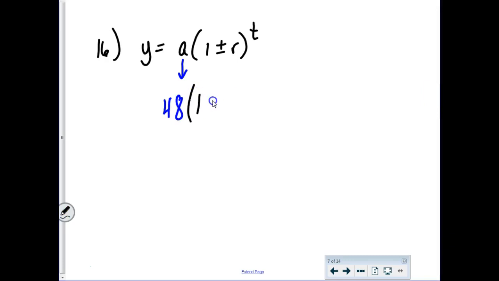And then because it's going to increase, you're going to use the plus version of this formula, 1 plus r. So 5.1% is the r. Someone help me with the decimal conversion on that. What is that? 0.051, right? You can divide it by 100 if you're not sure.